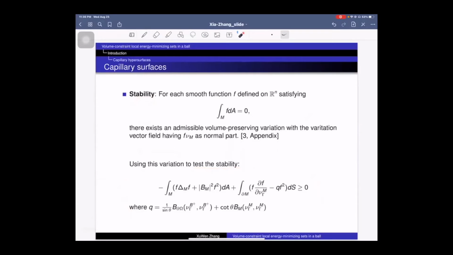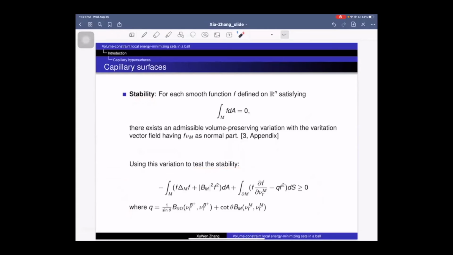So in a word, for free boundary hypersurfaces and capillary hypersurfaces, first we consider if M is a critical point of such a functional, then M has some geometric information which shows that M must be CMC and intersect the boundary of Omega with a constant contact angle.